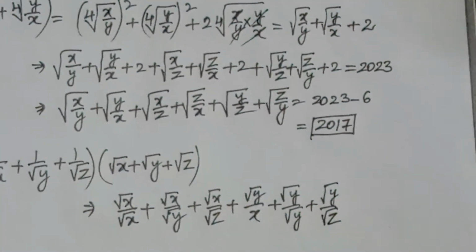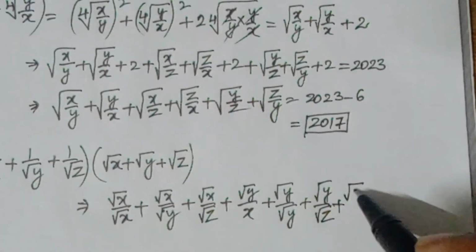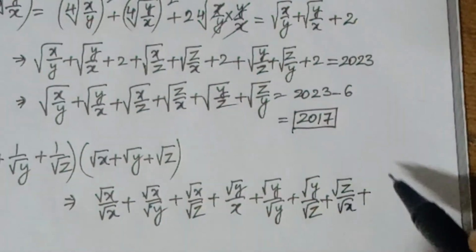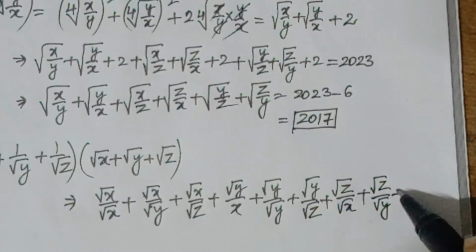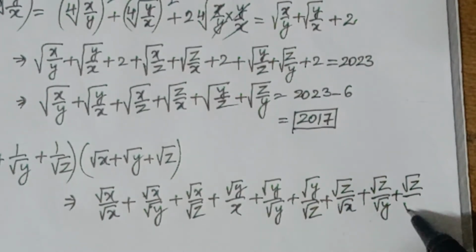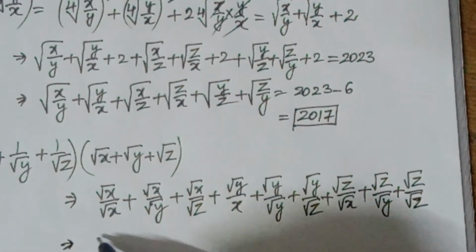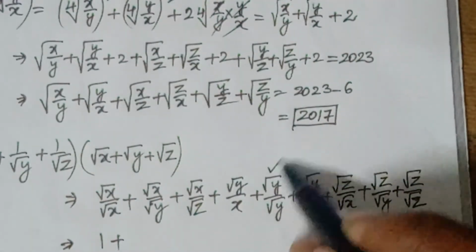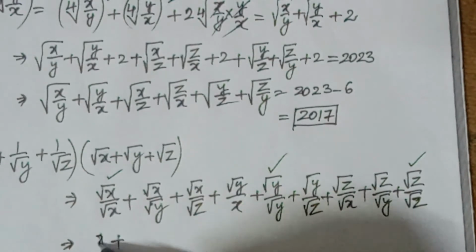So the second term is multiplied. Now the third term, root z multiplied means root z by root x plus root z by root y plus root z by root z. So what will we get here? This value is 1, here also we get 1, here also we get 1. So 1 plus 1 plus 1 you will write 3.